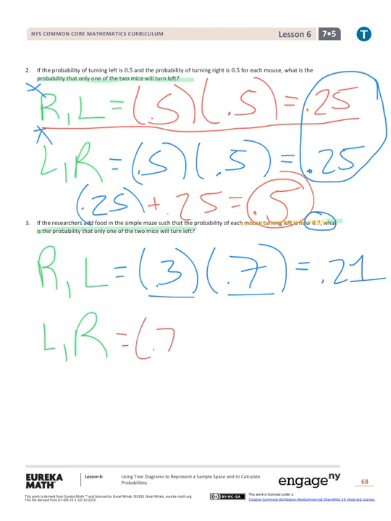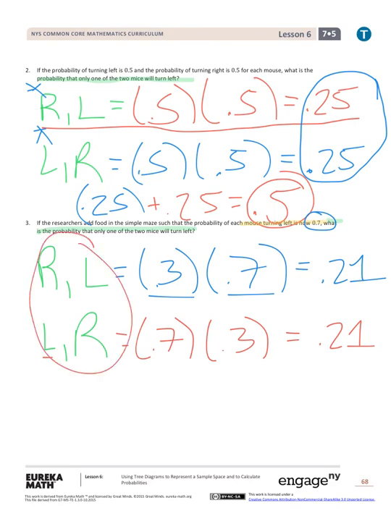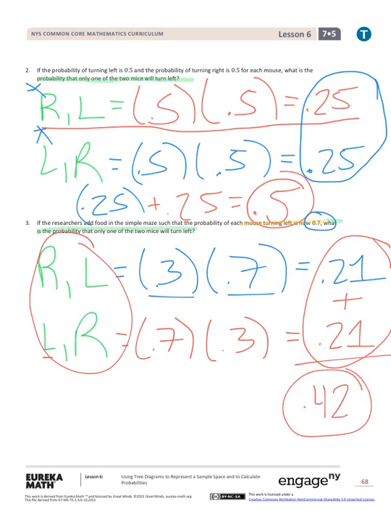Well, it's a similar idea. Left is 0.7, remember, and the probability it'll go right is 0.3. That'll give me 0.21. Now, once again, there are two options, so if I want to find the probability that this will happen, I have to add these two probabilities together, which gives me 0.42. So what's the probability that only one of the two mice will turn left? It's 0.42.